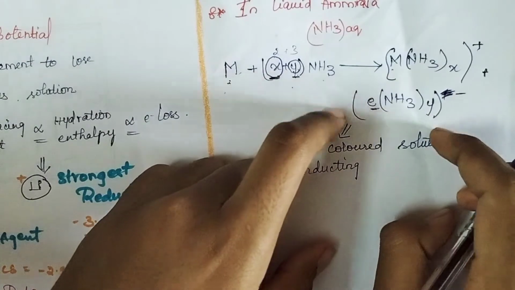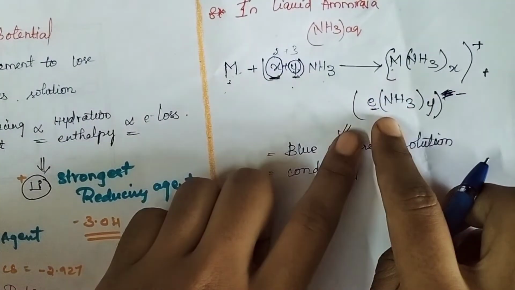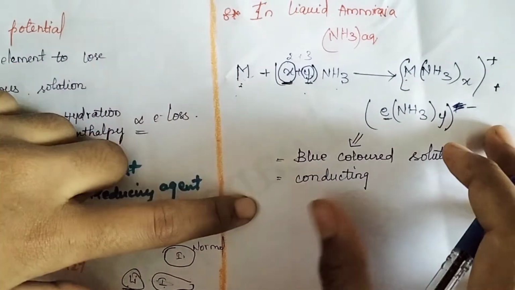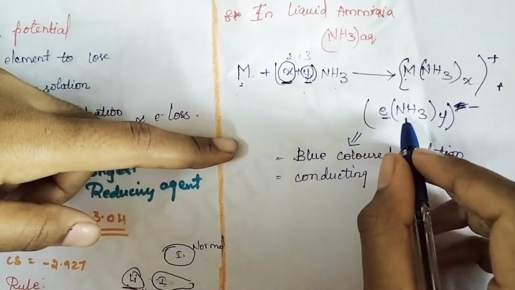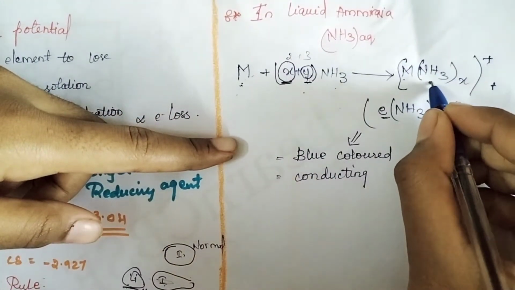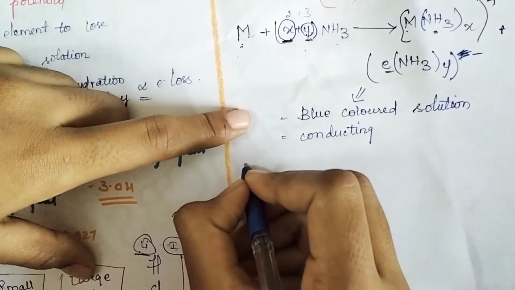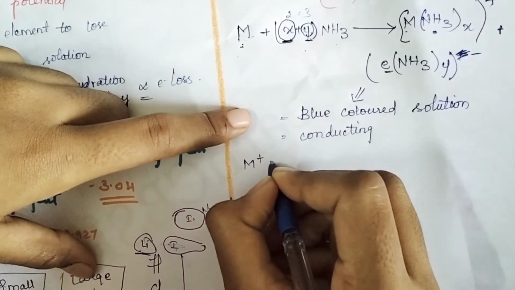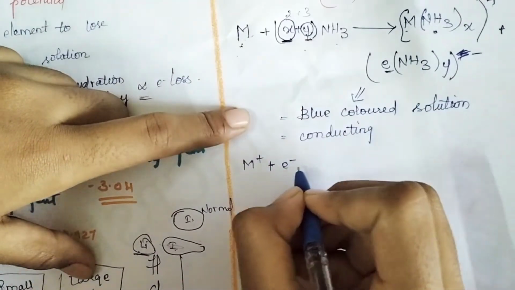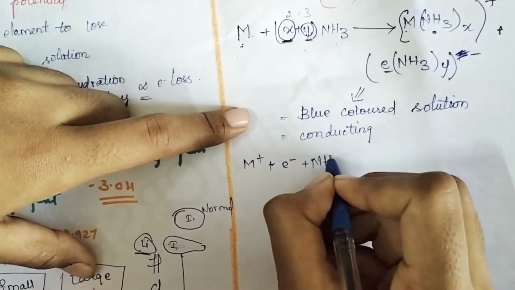ammoniated metal cations and electrons, sometimes after some time the hydrogen is lost. Okay, now how to write the reaction? It becomes M plus, E electrons. The hydrogen is lost. NH3, I separated this.